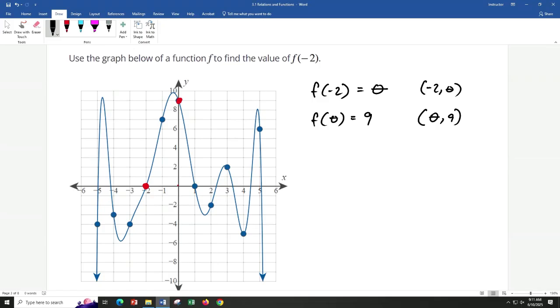Now, one thing you need to remember is this. For vocabulary reasons, when we start looking at functions, notice we have f of x, okay, is equal to something, right? Realize this, your x values right here, that is the independent variable.